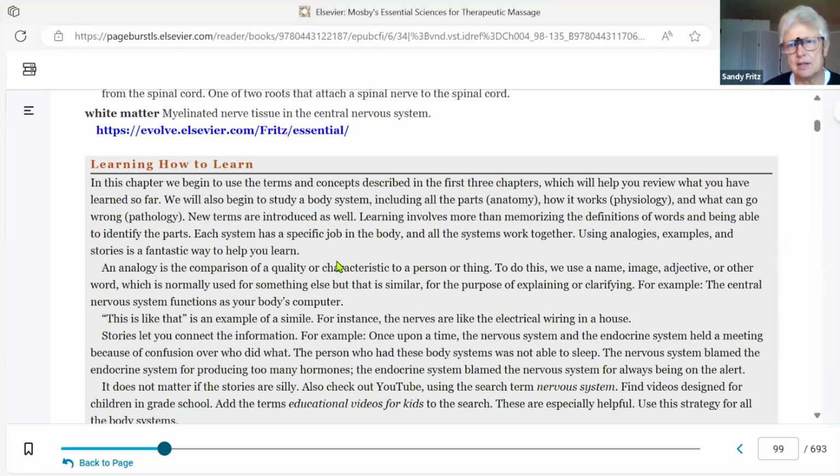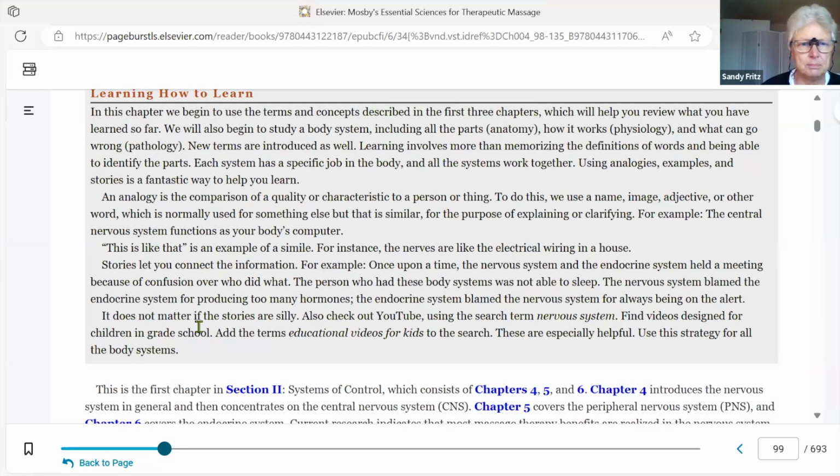The other thing that's helpful in chapters like this are examples and similes, or this is like that. So an example here is nerves are like electrical wiring in the house. So those are also learning strategies. And if you come up with a really good one, share it with your classmates.